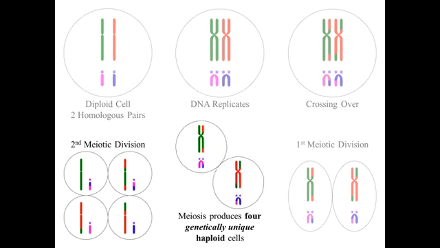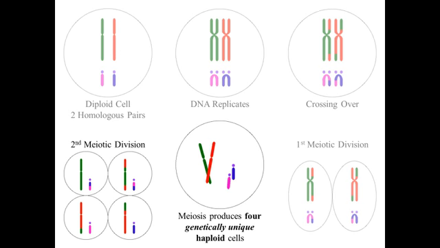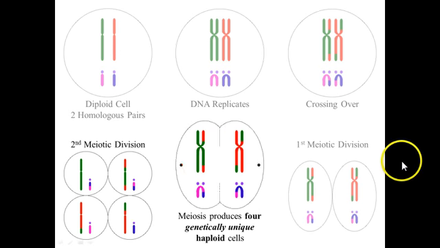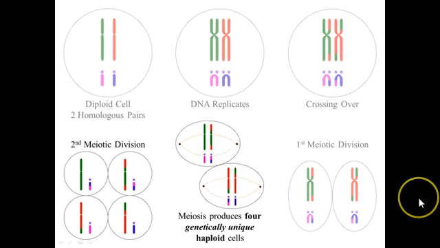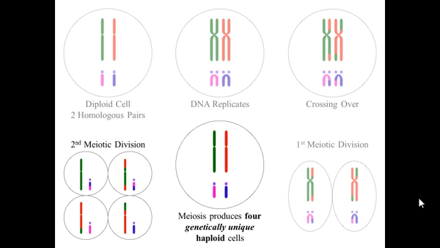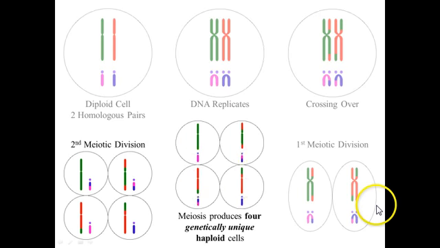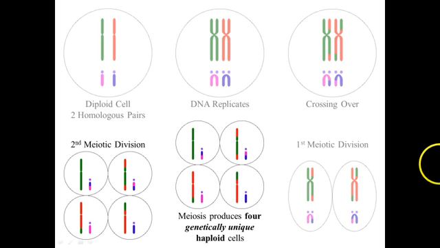So all of our chromatids are now unique. Okay, and in the first division of meiosis, the homologous pairs separate, and they separate randomly. So we've got one random process that happens here, another random process that happens here.